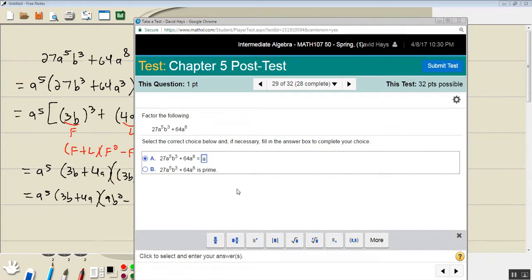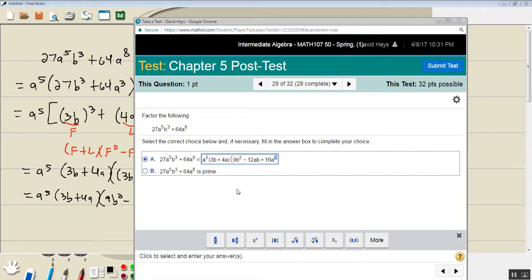Let's see, a to the 5th, 3b plus 4a, 9b squared minus 12ab plus 16a squared. 9b squared minus 12ab plus 16a squared, 3b plus 4a. Okay, that looks right.